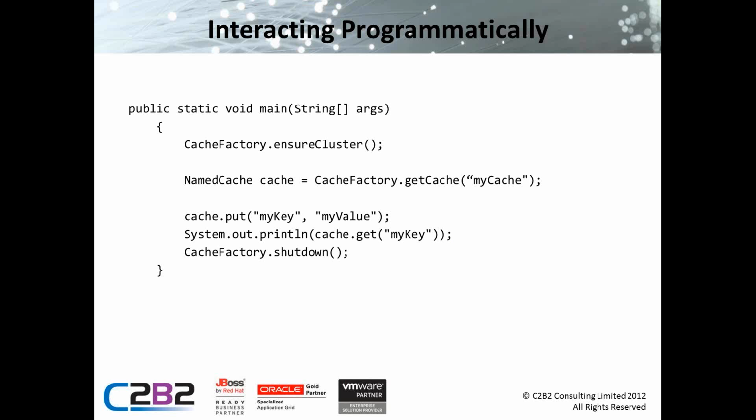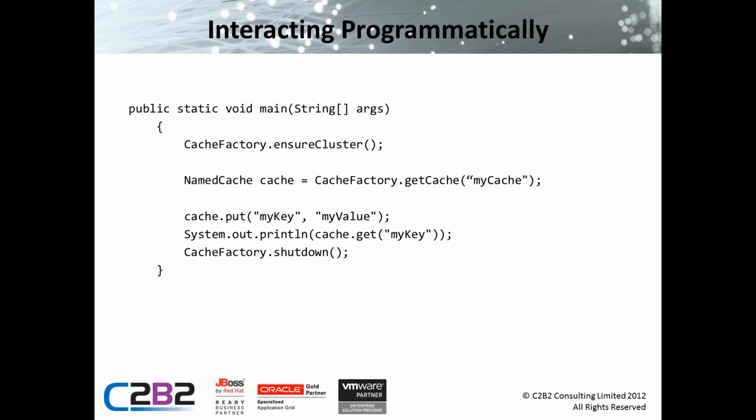Now in code, here is a brief example. We've got our CacheFactory.ensureCluster. That line is entirely optional. And the reason why it is there is the cache is actually initialized lazily.